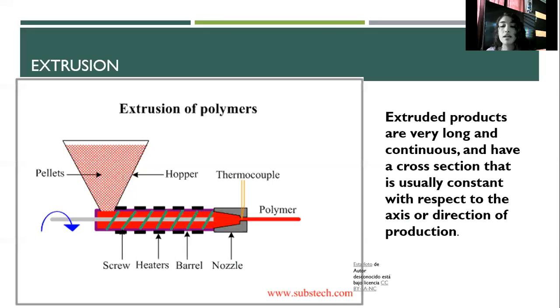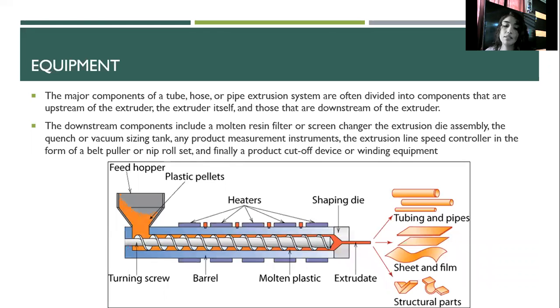The extrusion, this is the diagram of the extrusion, and this is a continuous process. This is the equipment of the extruder: the feed hopper, plastic pellets, and all the pellets are put in the hopper, and the turning screw makes the pellets flow into the barrel, and the heaters will heat the plastic, and the shaping die is going to give the shape of the final product.